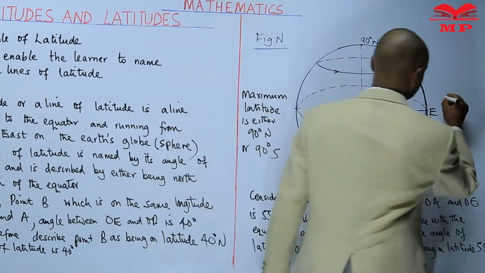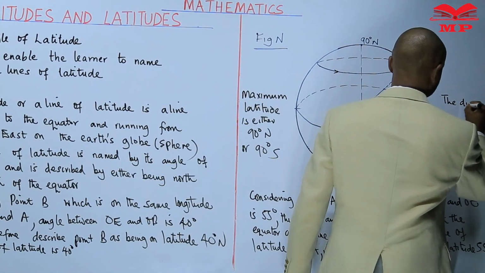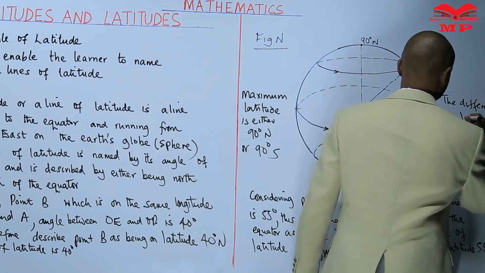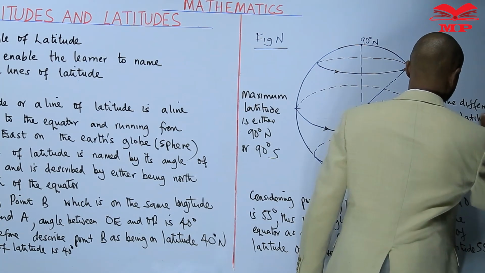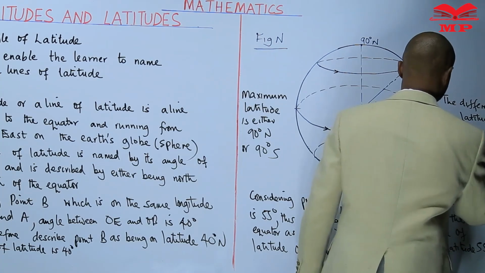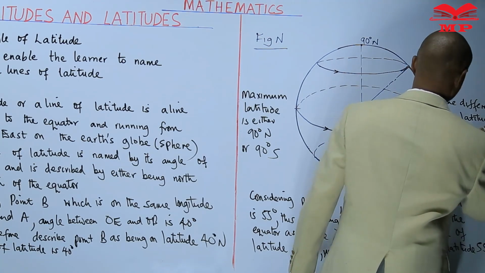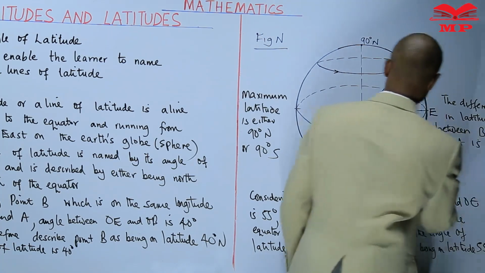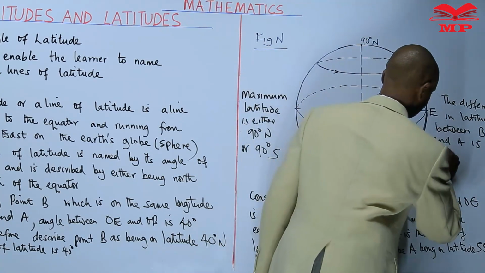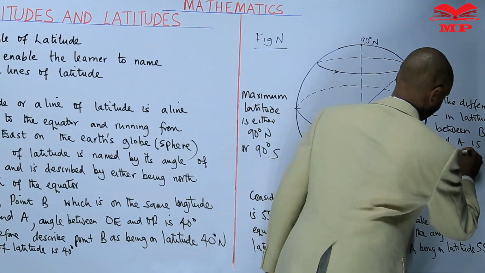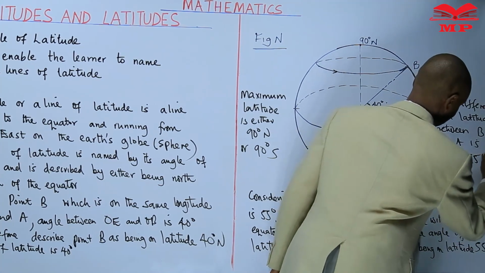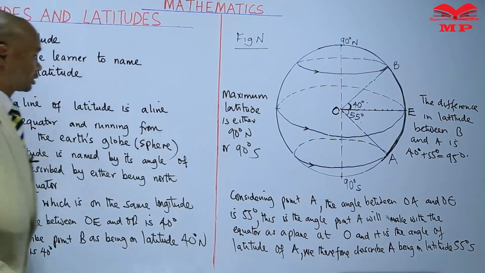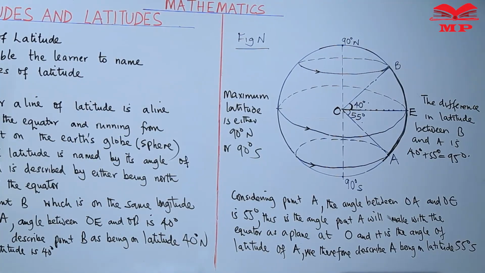The difference in latitude between B and A is, you add the angles, 40 degrees plus 55 degrees, which will give us 95 degrees, because they are on the opposite sides of the equator.